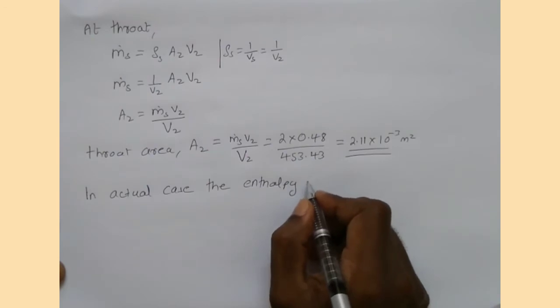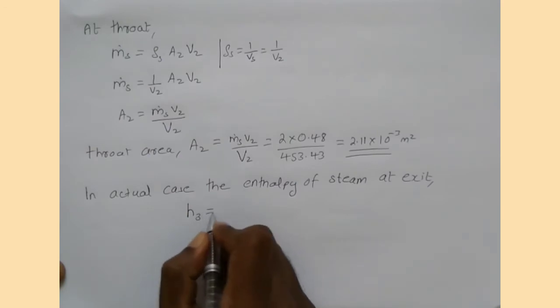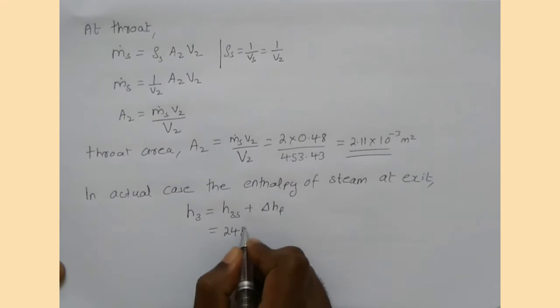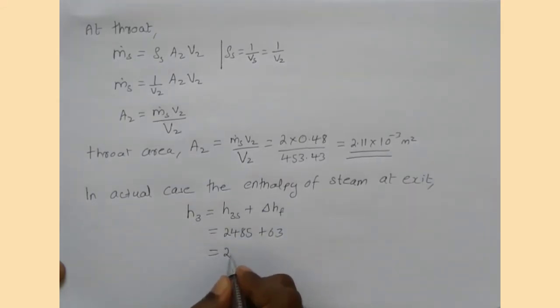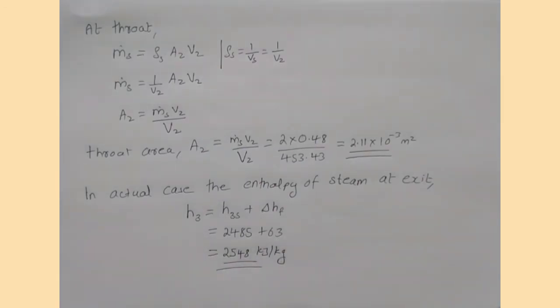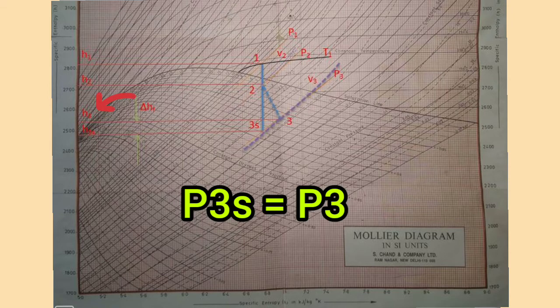In the actual case, the enthalpy of steam at exit is given by H3 equals H3S plus delta HF. When we substitute values, we will get H3 equals 2548 kJ per kilogram. In the question, the enthalpy drop due to friction is given, and using that we found the actual enthalpy at state 3, that is H3, and the exit pressure remains the same, that is P3.